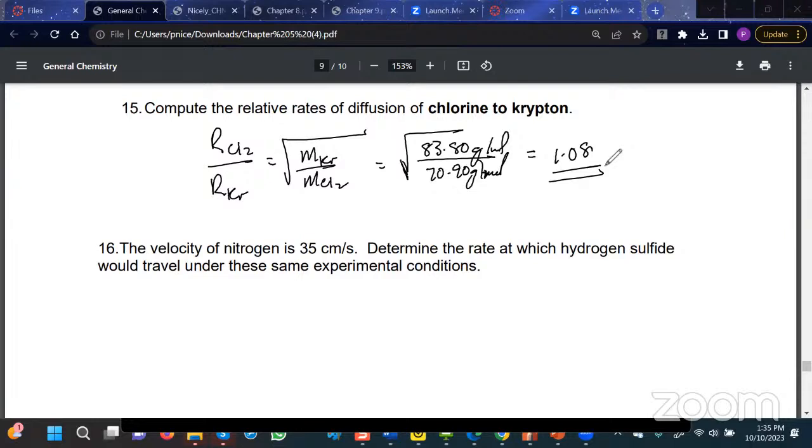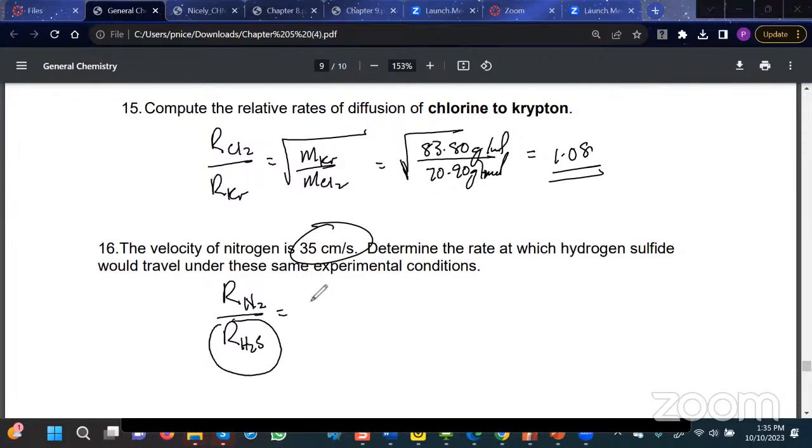Any questions? All right, the next one says the velocity of nitrogen is 35 centimeters per second. Determine the rate at which hydrogen sulfide would travel under these same conditions. So in this case, you're comparing the rate of effusion of nitrogen to that of hydrogen sulfide. So basically, this is what you want to find, right?